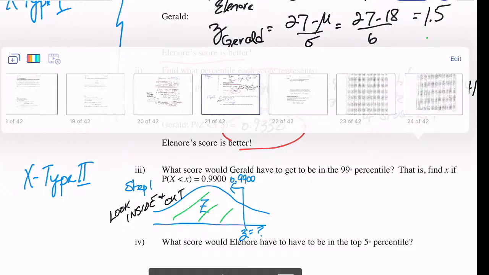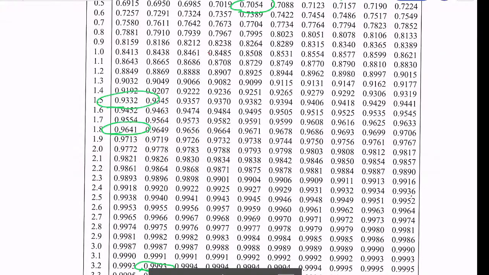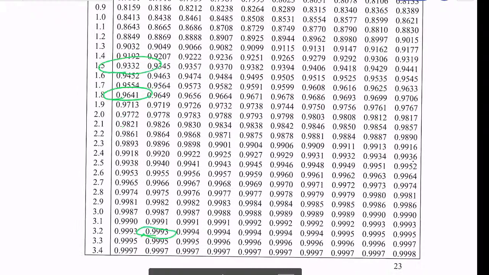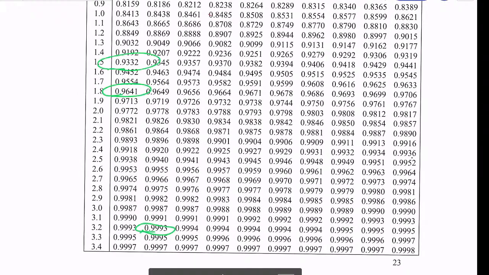That will be on the positive table, and it's on the left, so I can look directly into the chart. We need to find the position closest to 0.9900, and that would be between this one and this one. Which one should I pick? Which one is closer?